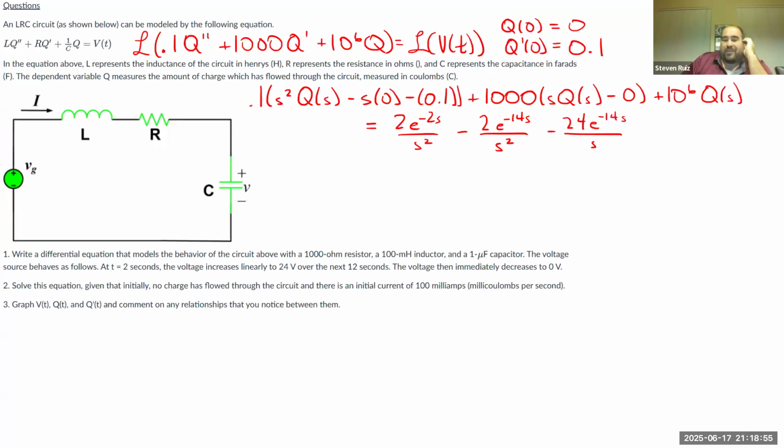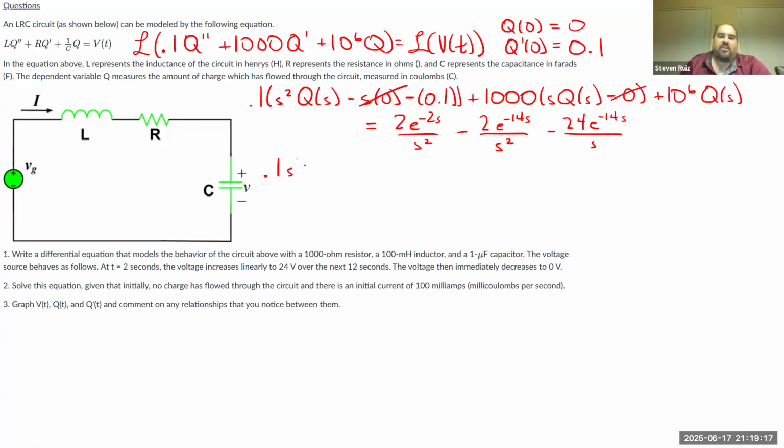So what's our goal with this thing? Our goal is to solve for, basically isolate, Q of s. So we have kind of a long way to go, but I believe some things are going to fall off here. So this is s times 0, that's 0. Got some zeros in here, so let's start eliminating brackets.